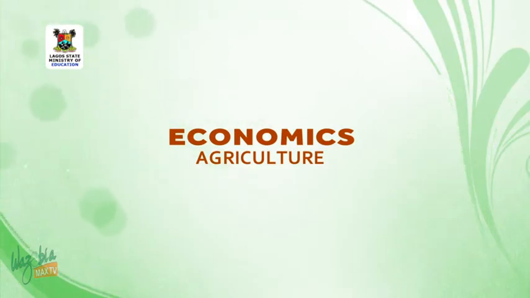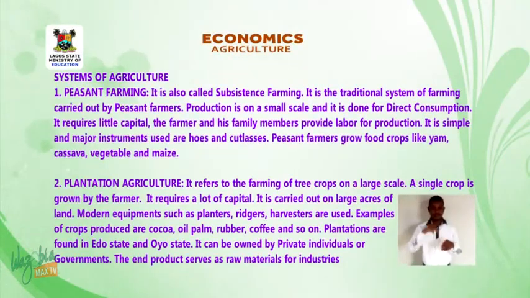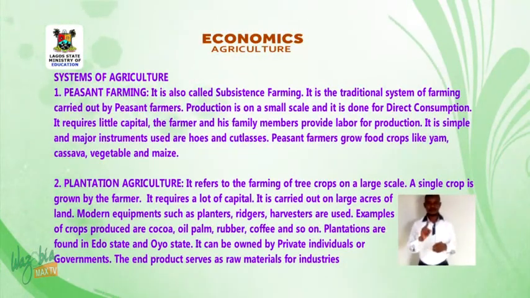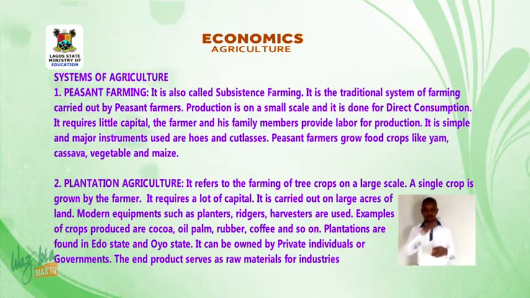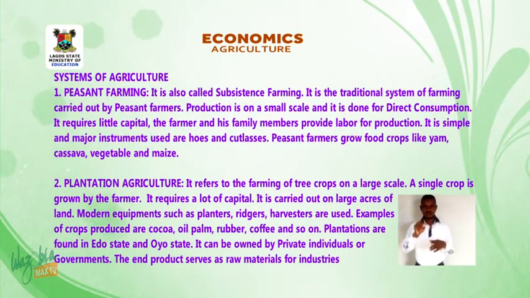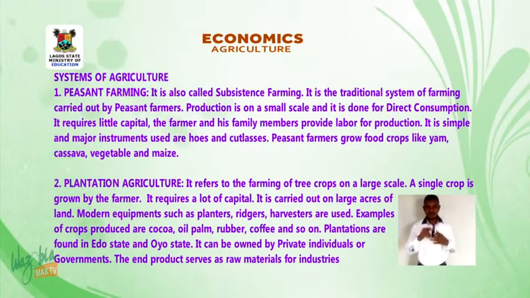Welcome back. Let us consider the systems of agriculture practiced in Nigeria. Number 1, peasant farming. It is also called subsistence farming. It is the traditional system of farming carried out by peasant farmers. Production is on a small scale and it is done for direct consumption.